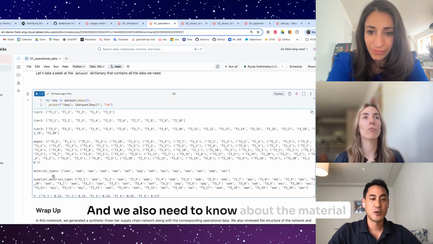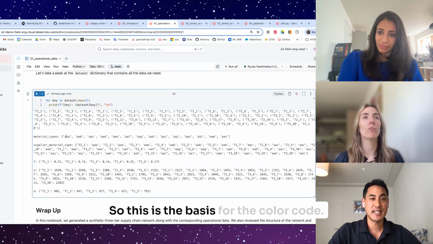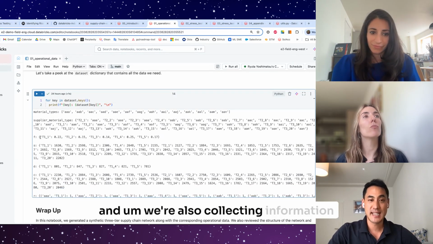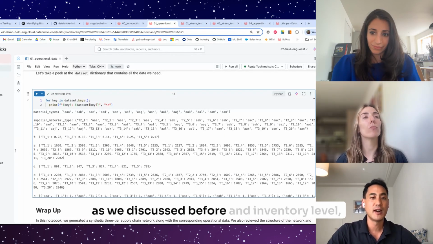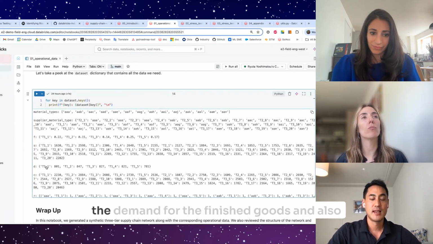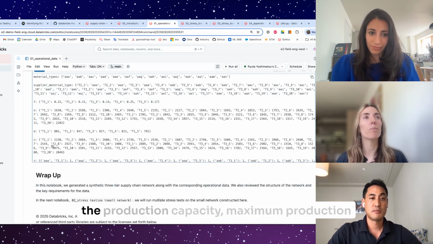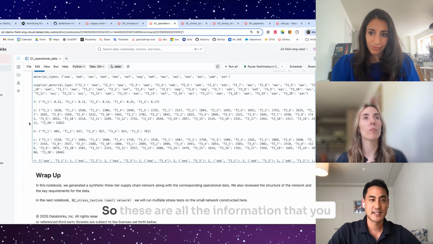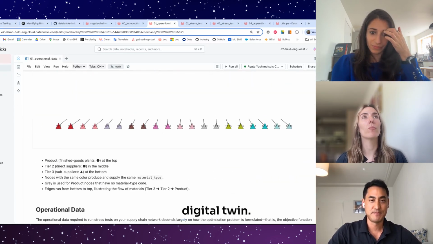And we also need to know about the material types. This is the basis for the color coding. And we're also collecting information about the profit margin of the finished goods, as we discussed before, and inventory level, the demand for the finished goods, and also the maximum production capacity of each supplier site. So this is all the information that you need to collect in order to build your digital twin.